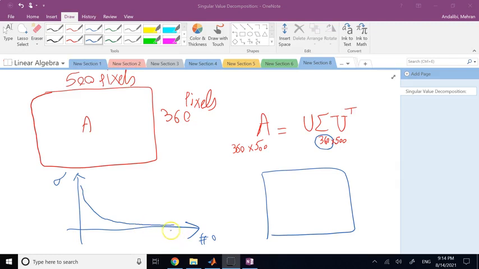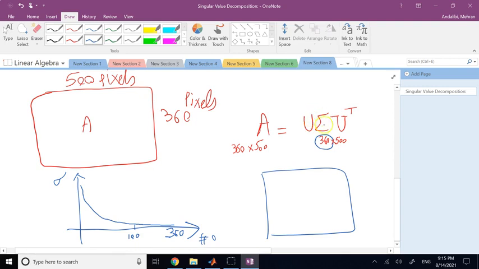Okay, so if I have 360 singular values here, the matter of fact is not all of them carry the same weight. So maybe after, let's say, 100, 50, 60, 200 or so, they are really minimal contributors and I can get rid of them. And get rid of them means I can consider them to be zero, and if they are zero, I don't need to save them in the memory.